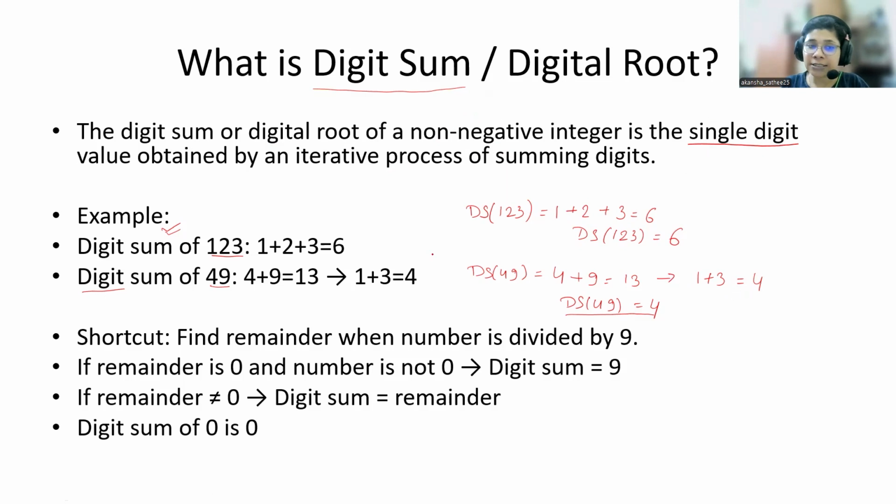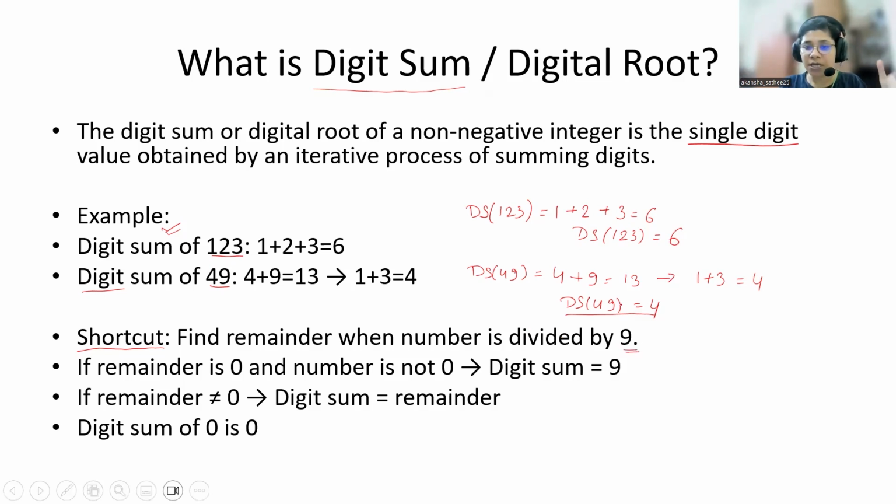Okay. So here is a shortcut to compute digit sum. Given a number, like here 123 was a number, 49 was a number, what you do is you just divide it by 9. Please remember this shortcut.